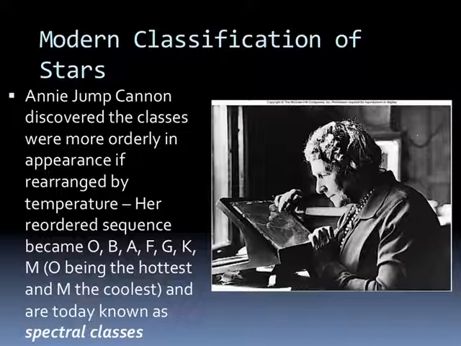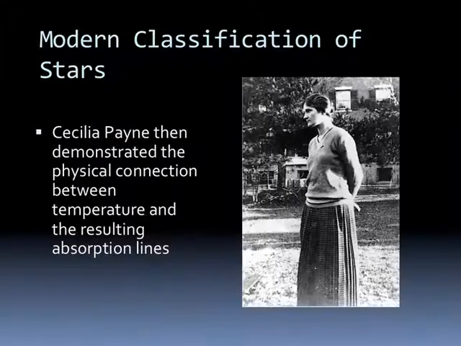Her reordered sequence became O, B, A, F, G, K, M, with O and B being the hottest stars and M the coolest. And today these are known as spectral classes. Cecilia Payne then demonstrated there was a physical connection between temperature and the resulting absorption lines.